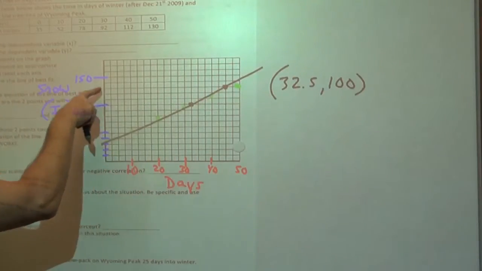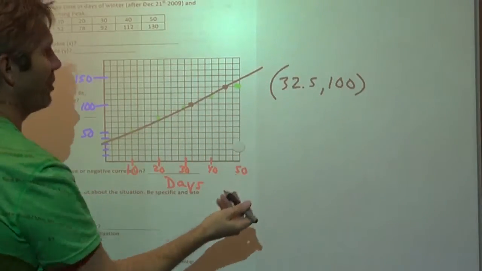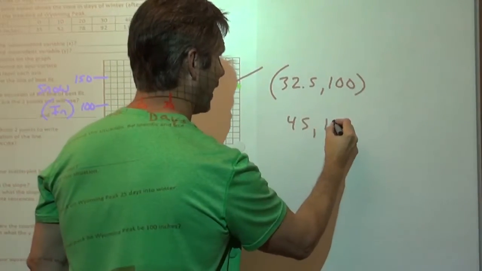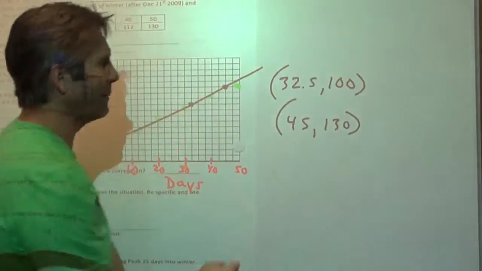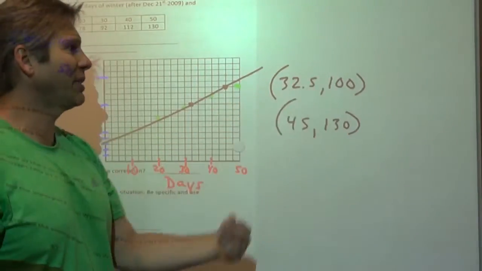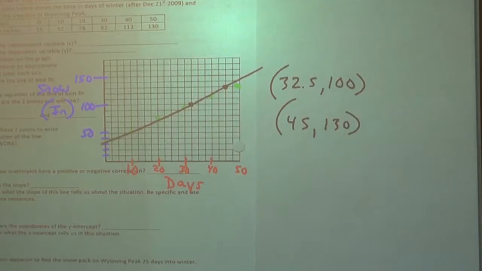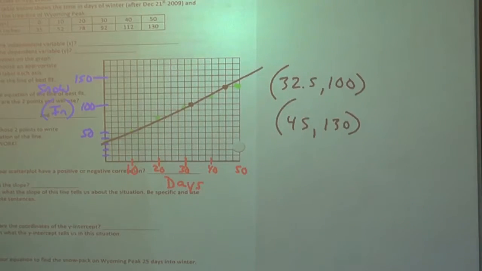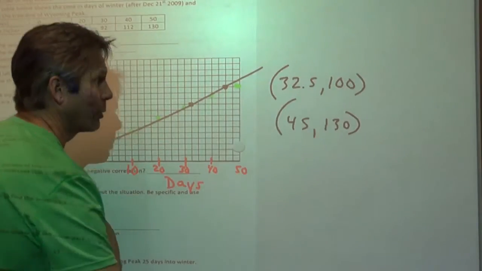That's 45, and this is 130. So I've got at 45, I've got 130. Now remember what that means. After 45 days, that's the snowpack. After 32.5 days, that's the snowpack. So this answers part A, give 2 points that you could use, and then part B, use those 2 points and write an equation. Well, which form of an equation would we like?